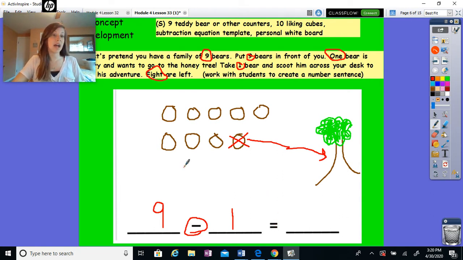The ones that did not go to the honey tree. So 1, 2, 3, 4, 5, 6, 7, 8. So 9 minus 1 equals 8. Let's read it one more time. 9 minus 1 equals 8. Excellent, friends. We have one more to do together.